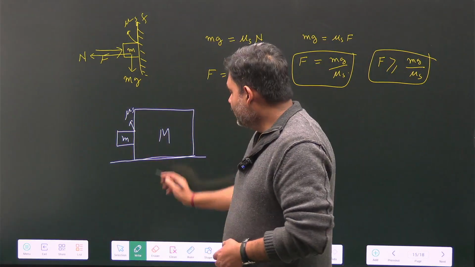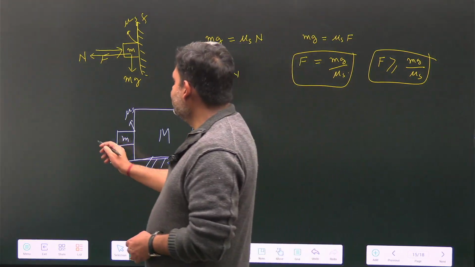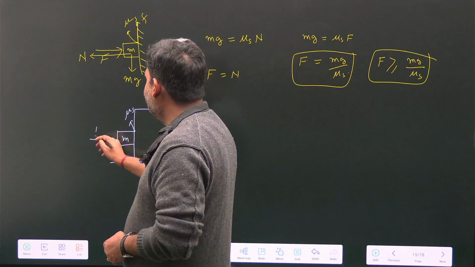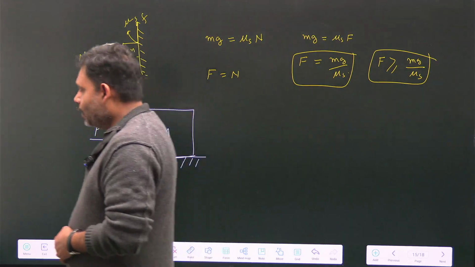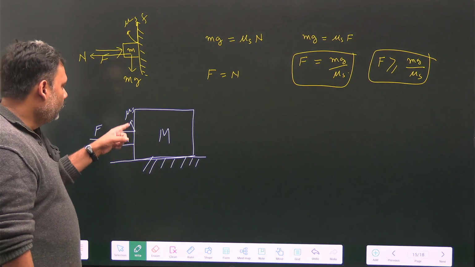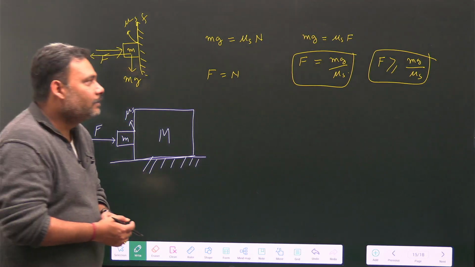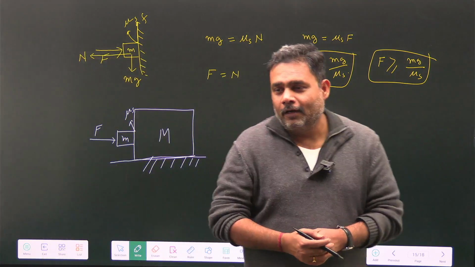Okay, but this surface is frictionless. Now the question is, what will be the minimum force F such that this particle will not fall down?